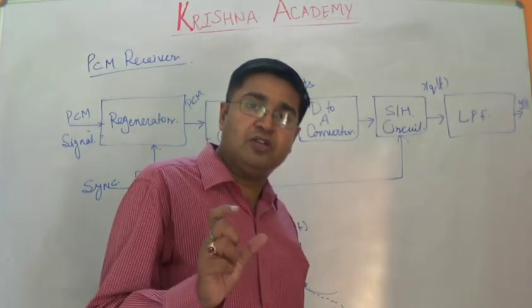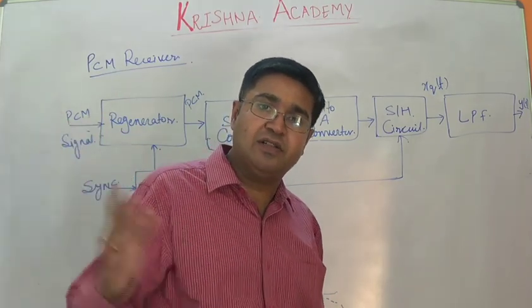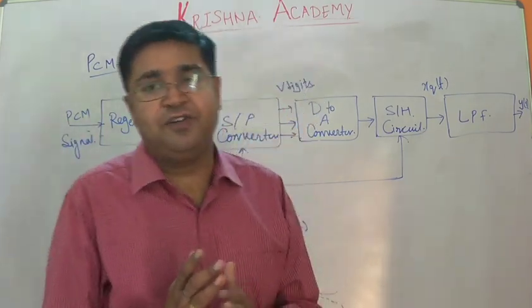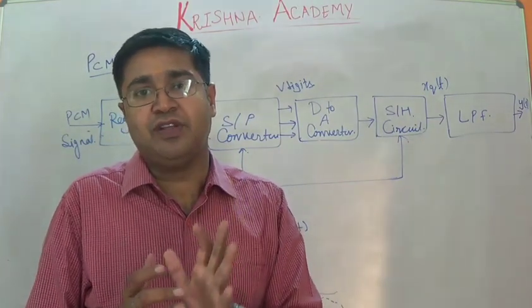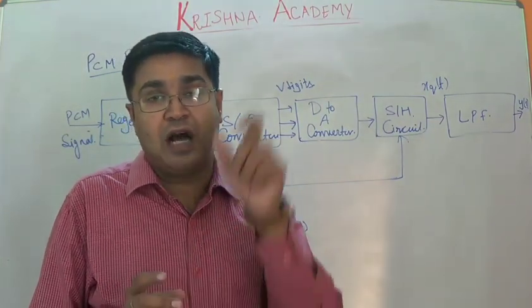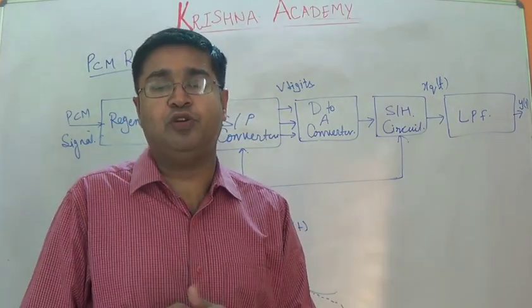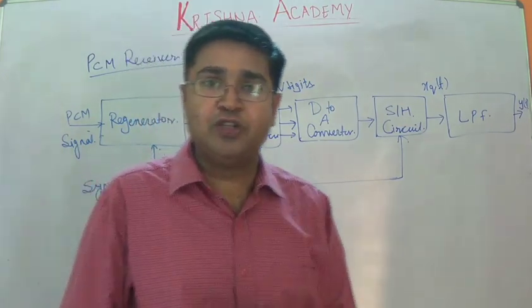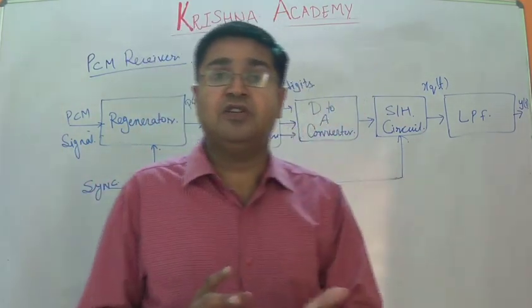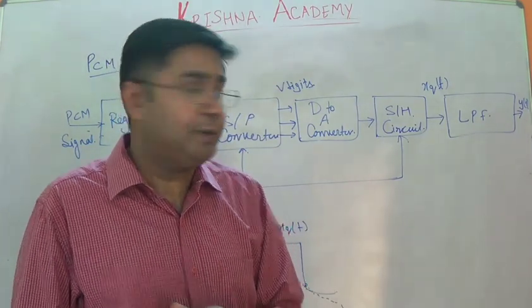Because we took a particular signal and sampled it at different times and different levels. Those samples need to be distinguished: where those samples are, how much pulse is there at that point in time, and what the amplitude is. That amplitude and information need to be understood, and that signal needs to be generated.